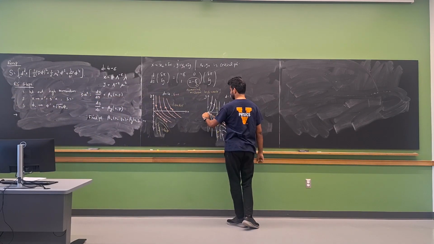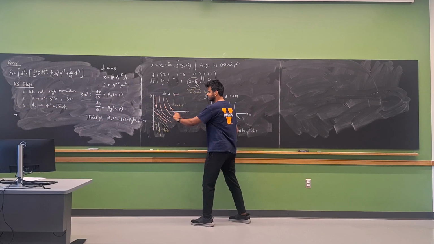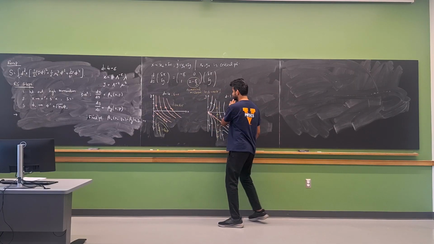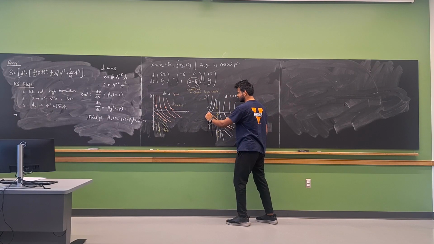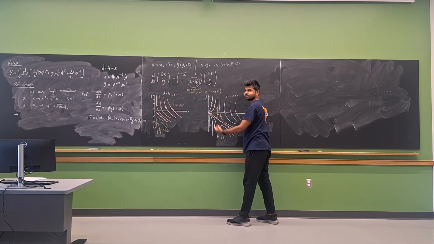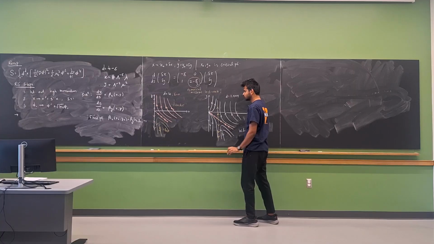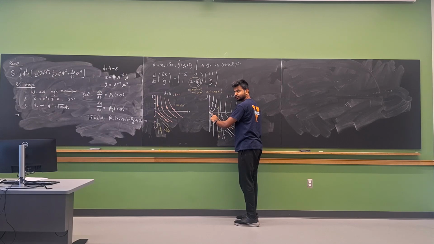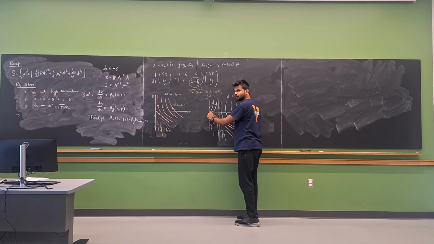So if we are at this point, which is the critical point in d equal to 4, but at d equal to 3.99, from this point you have this relevant direction and that relevant direction. So to hit this point, imagine just tuning the temperature down. If you hit this line, you flow to this line under RG. But if you want to hit this point, you have to tune an additional parameter too.